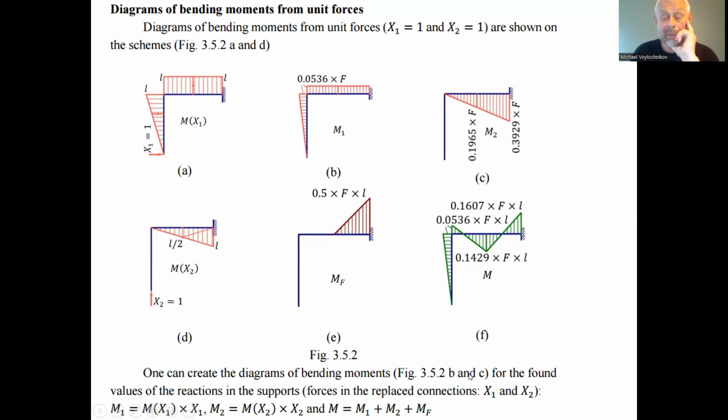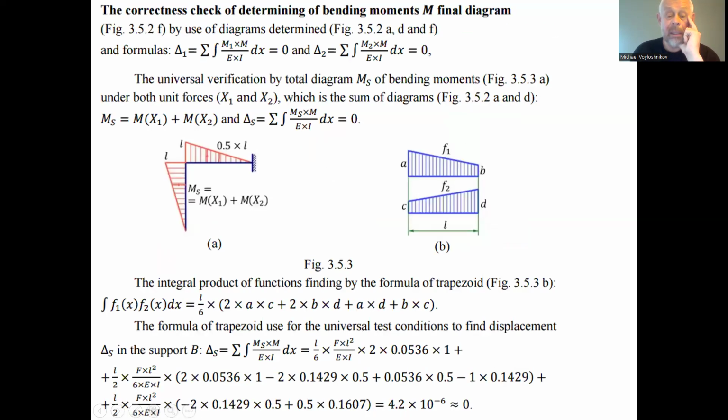And next we have the diagram of the bending moment acting on the assigned mechanical system, and we can do the check of the correctness of the creation of the diagram of bending moments. To do that, we can use as a criterion of correctness the equality to 0 of the displacement in the point A. The point A is the left one and lower point of the mechanical system.